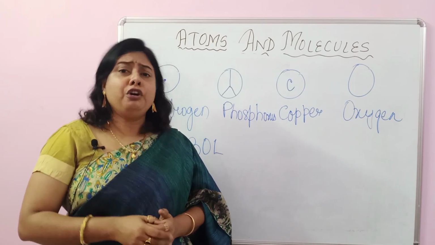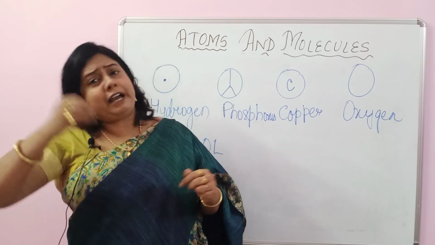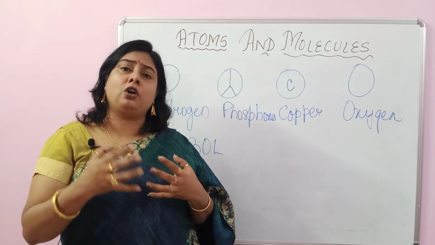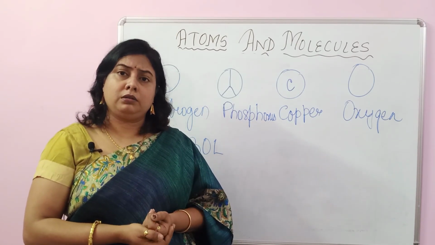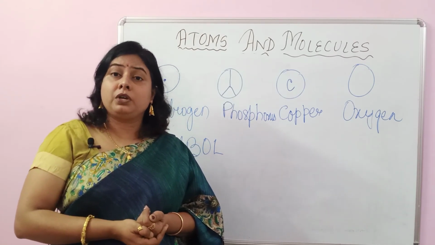So what we did? We measured the mass of an atom in respect to the mass of another atom, which is called the relative atomic mass. So what is this relative atomic mass?